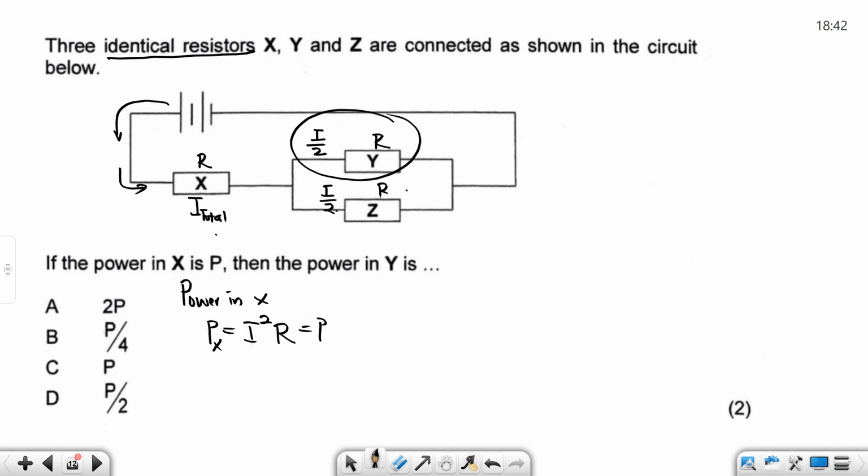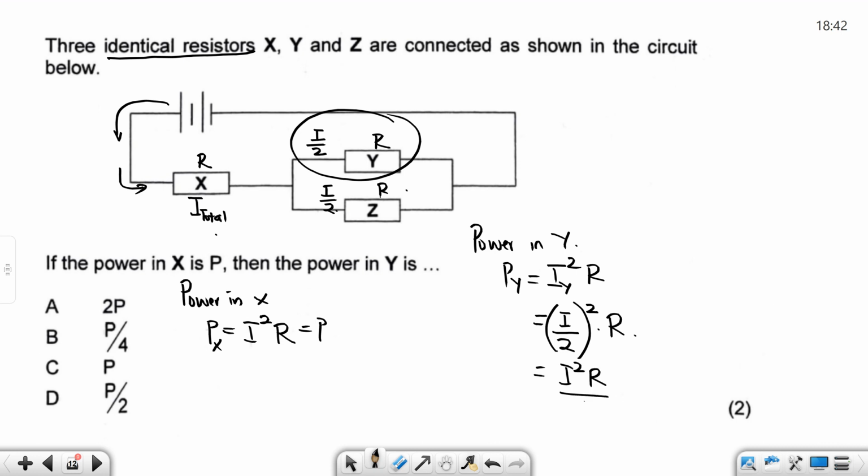Let's go calculate the power in Y. What do you see? What's my current? Power in Y. We are still using the same formula, right? Power in Y equals I squared R. The current in Y. But what's the current in Y? It is I over 2, all squared, multiplied by R. Okay. Let's simplify. What do you have? I squared R over 4.